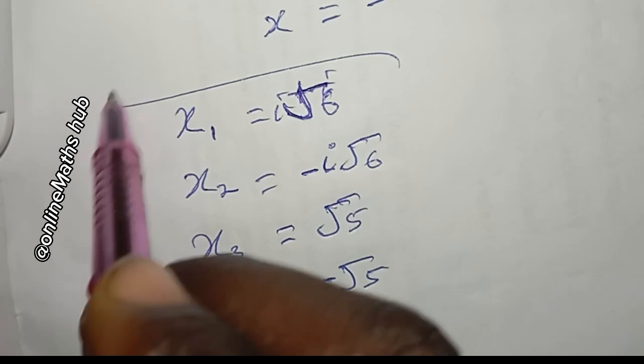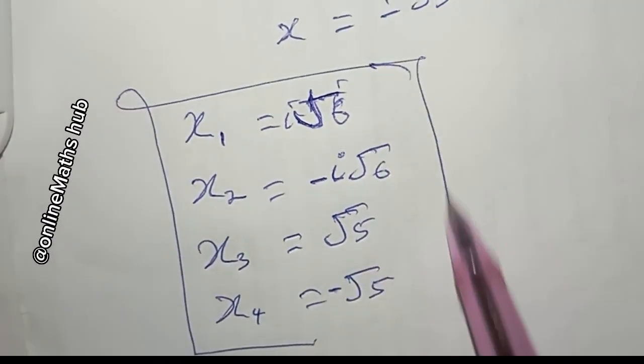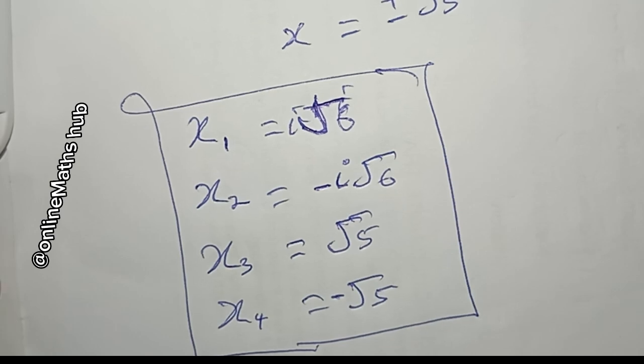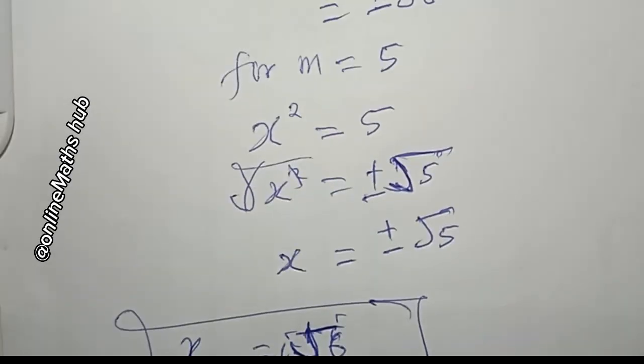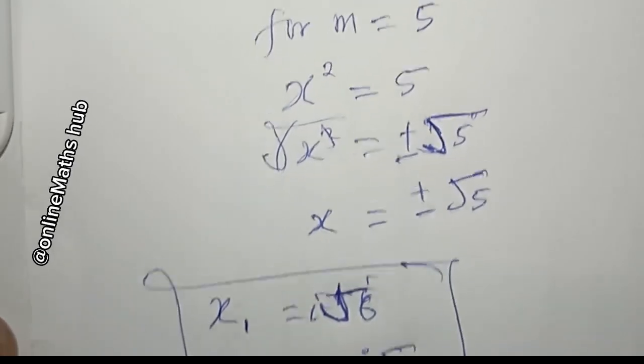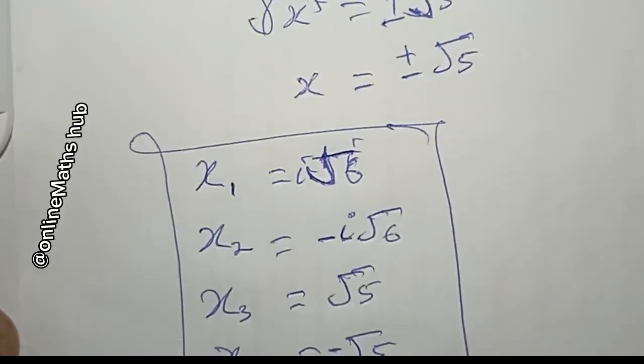These are the four values of x that satisfy the equation we are solving. You can go ahead and check it, and let me have your thoughts in the comment section.